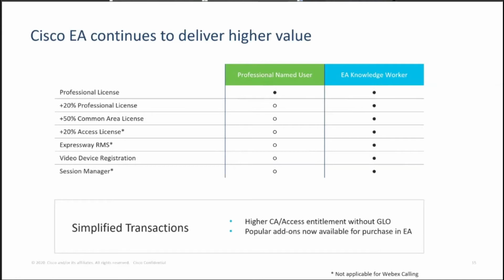And then if you are on premise, you also get things like the access level licenses, the Expressway rich media session license for traversal, video registration for on premise, as well as session manager. And we're going to have all that stuff just pre-populated in your smart account without the need for us to go to Cisco Global Licensing.